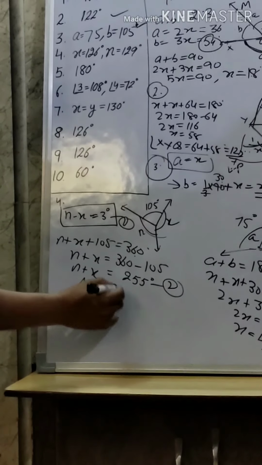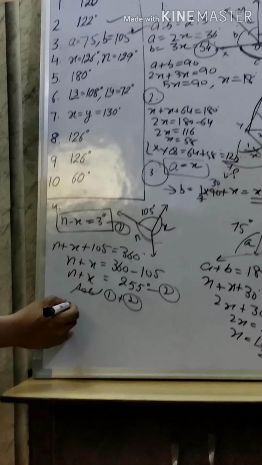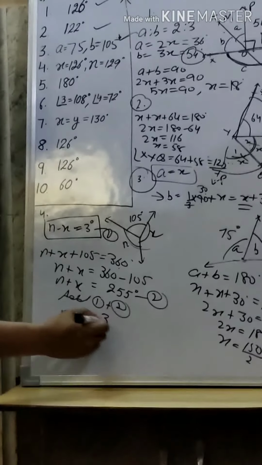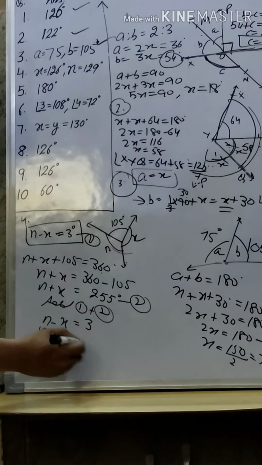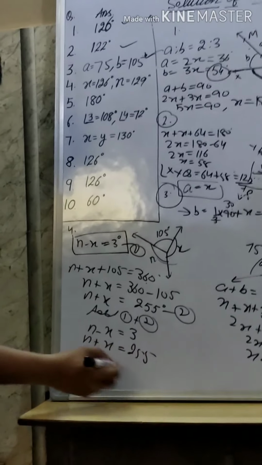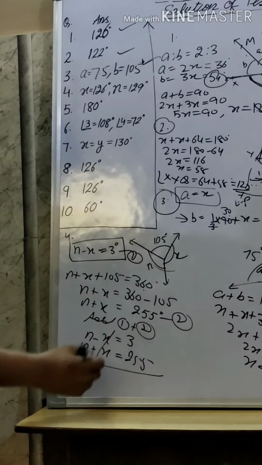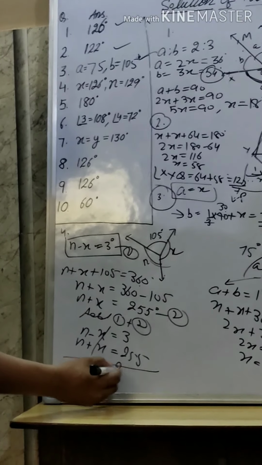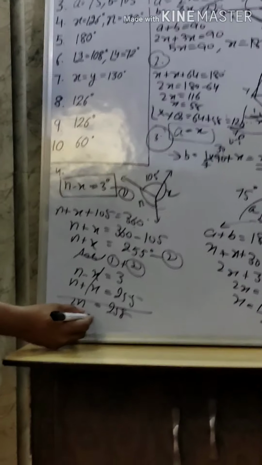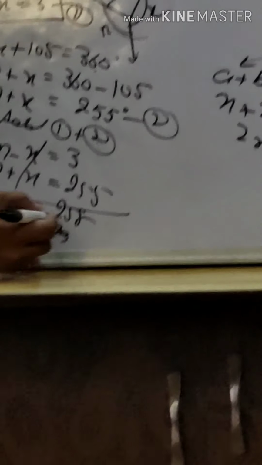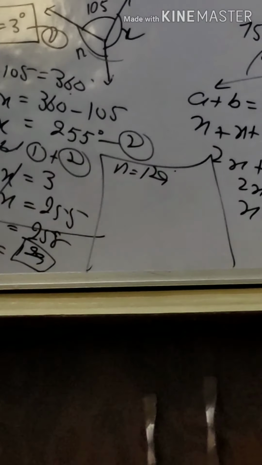Add the first and second equations. So you see, n minus x is equal to 3, n plus x is equal to 255. So you add, this cancels, 2n is equal to 258. So n is equal to, you divide this, the value of n is equal to 129.